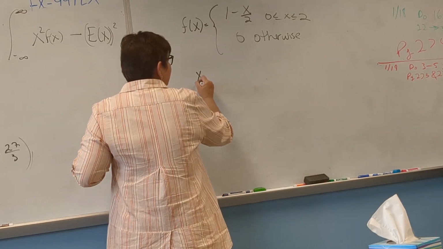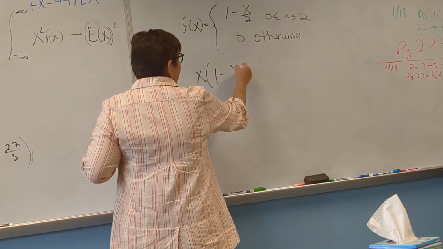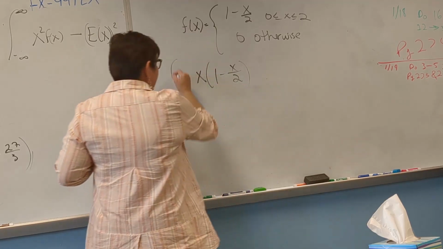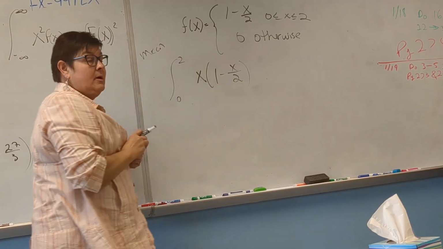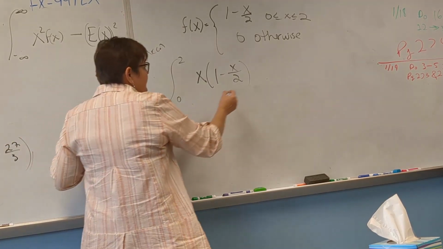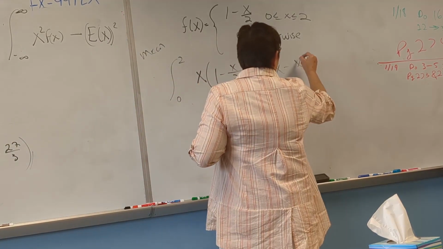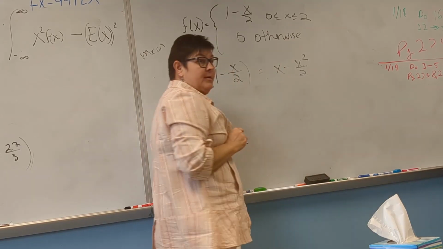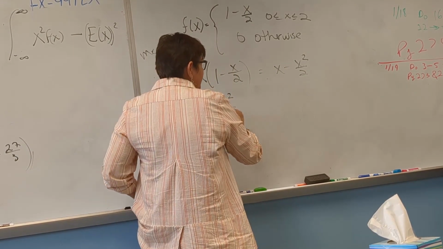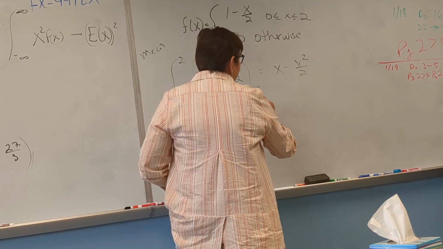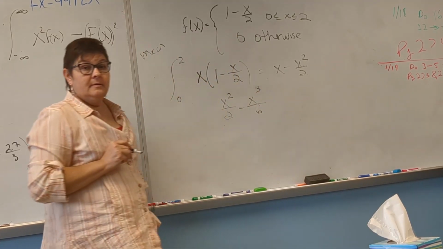So, x times 1 minus x over 2 from 0 to 2, this is going to be the mean. So we would have x minus x squared over 2, so far so good? And now I'm going to integrate it, so I would have x squared over 2 minus x to the third over 6. You see that?